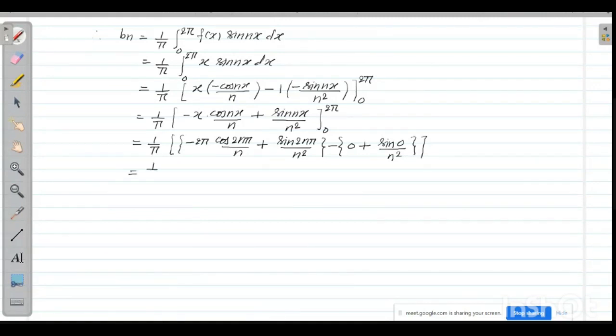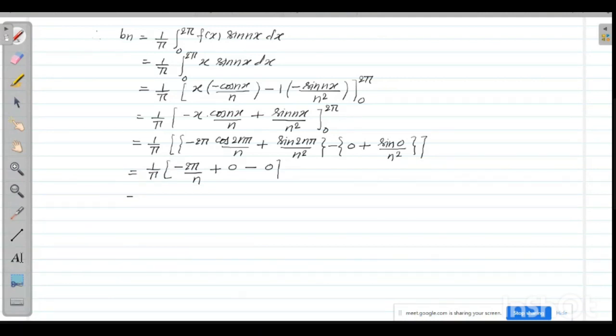So this is 1 upon pi, and minus 2 pi cos 2n pi by n, cos of an even multiple of pi is 1, so this becomes n. And plus sin of a multiple of pi will be 0, so this becomes 0, and minus sin 0 is 0.